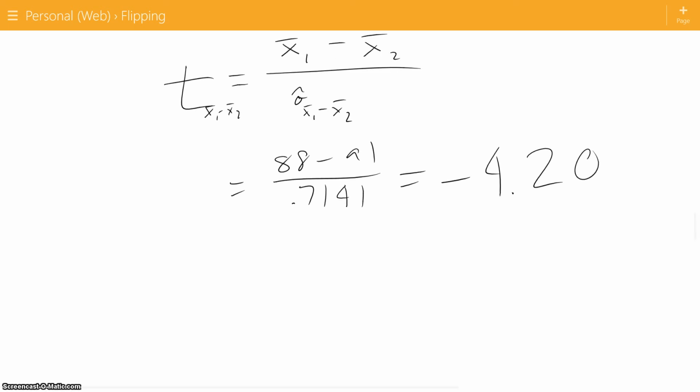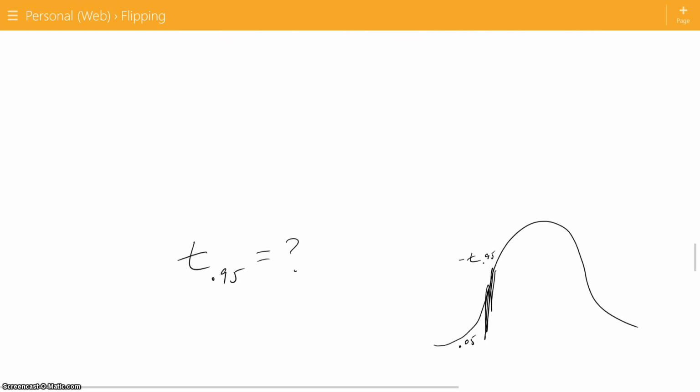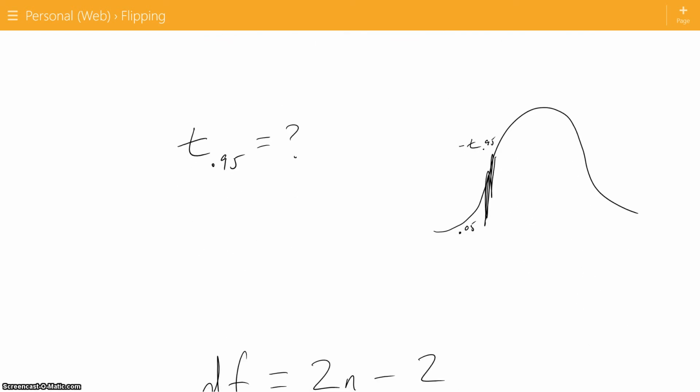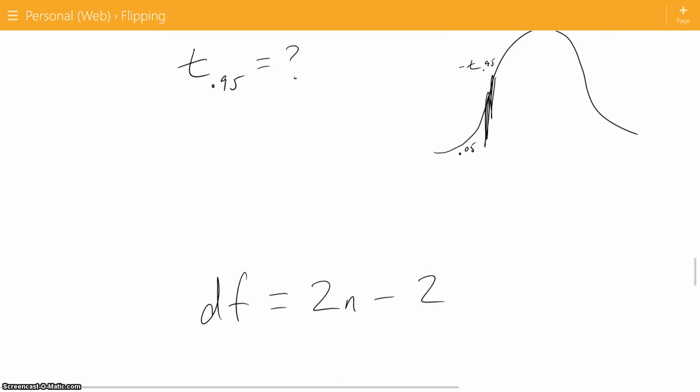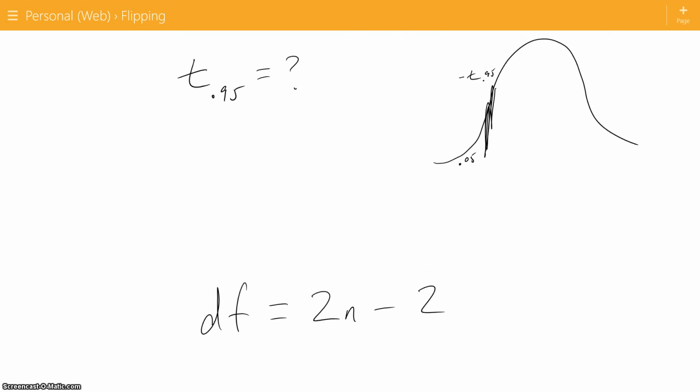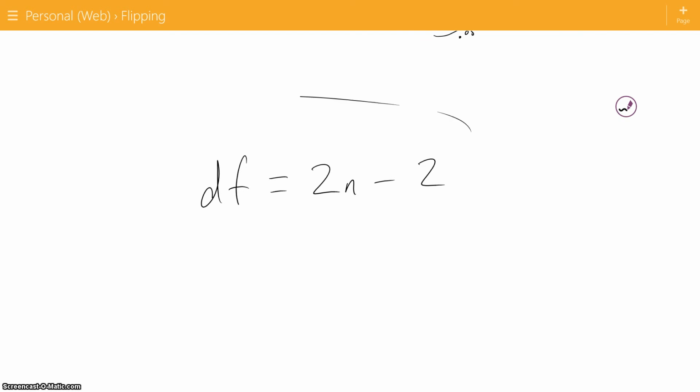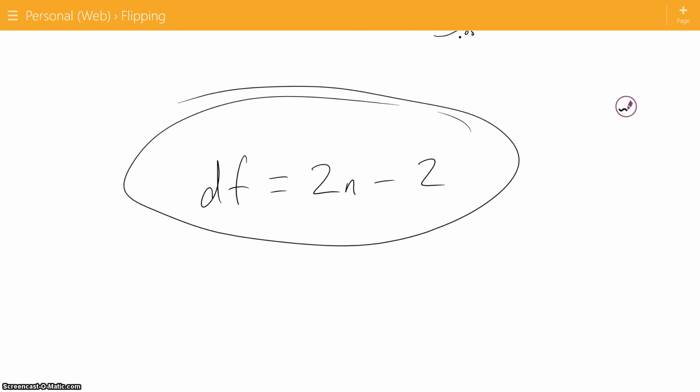Now, we've got that, but we need to go back and think about, hey, this is a t distribution, so what is my critical t value? Where am I going to say, oh boy, if it's past this mark, then my probability is so low that I need to reject my null hypothesis? Well, we need to get our degrees of freedom first. And what are our degrees of freedom? When we're doing a two-sample t-test like this with the same variance, same number of samples in both, it will simply be 2n minus 2.